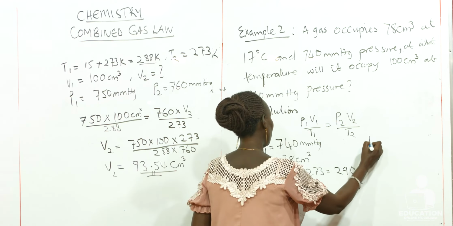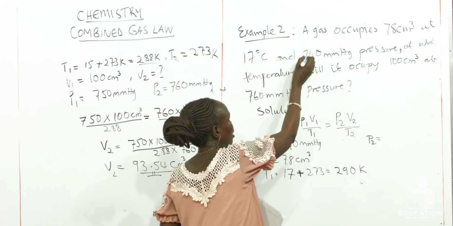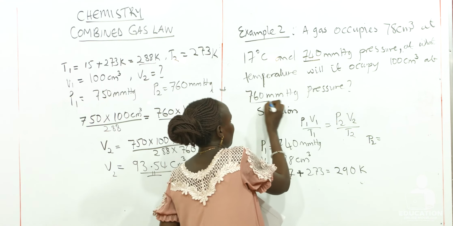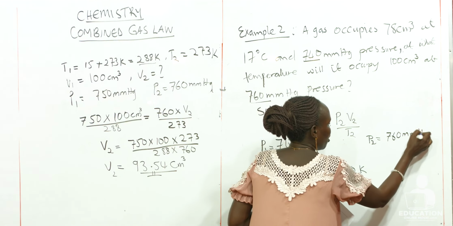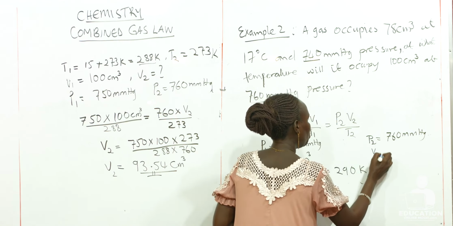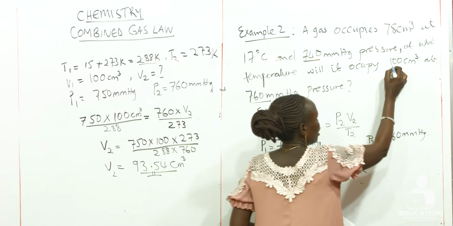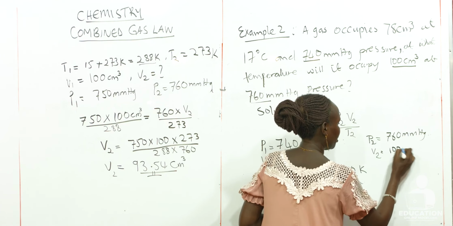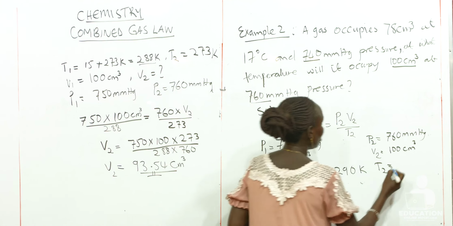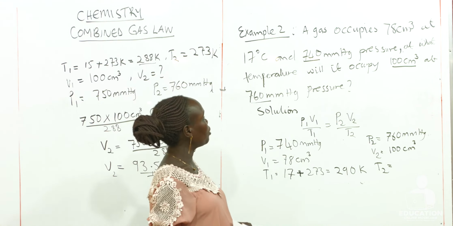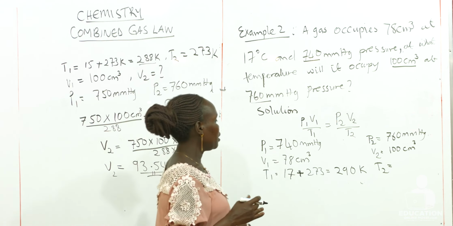Also we need to see that pressure 2 is represented here as 760 millimeters of mercury. Volume 2 here is 100 centimeter cube. So temperature 2 is what is required.